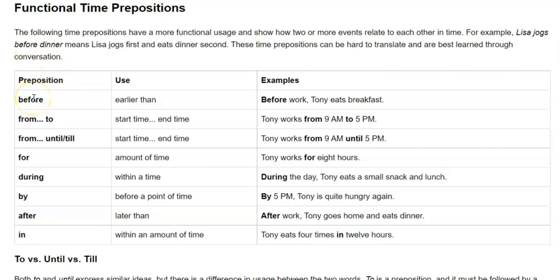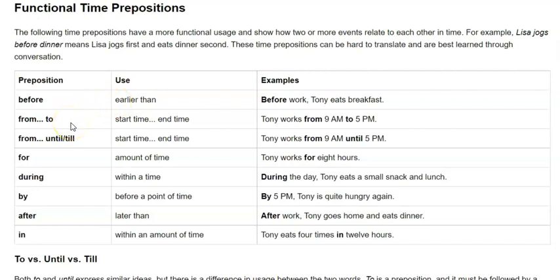The first one is before, which can be used when something is earlier than another time. For example, before work, Tony eats breakfast. Work is earlier than breakfast, so before is used.